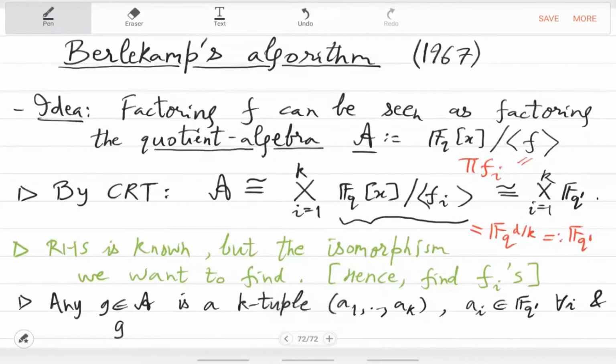And this element g(x) is the same as a_i mod f_i.